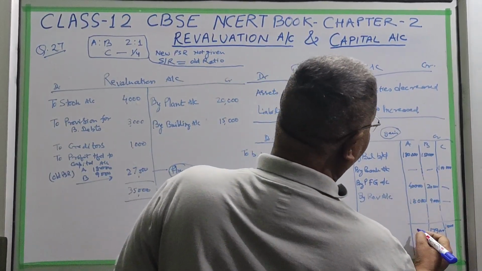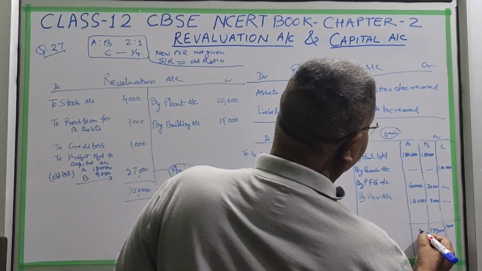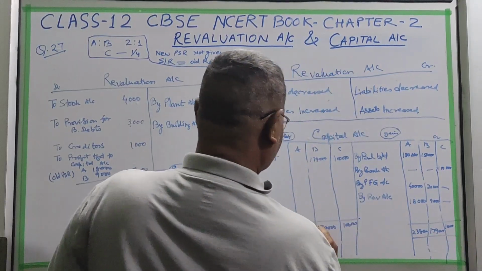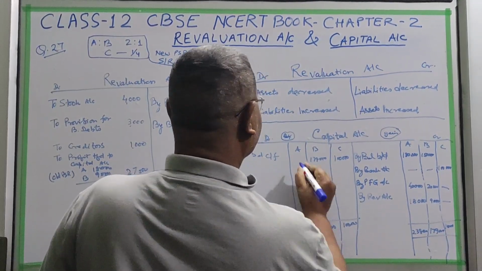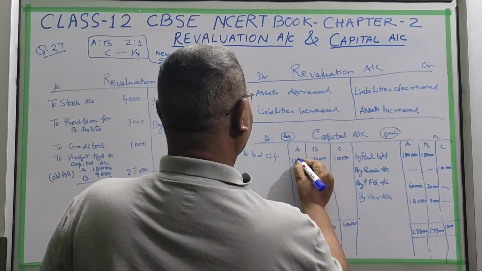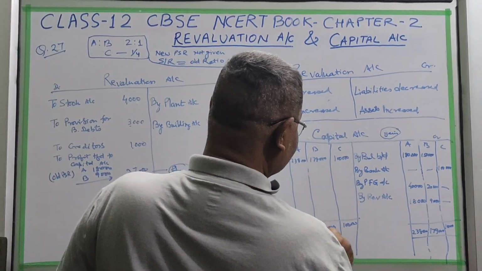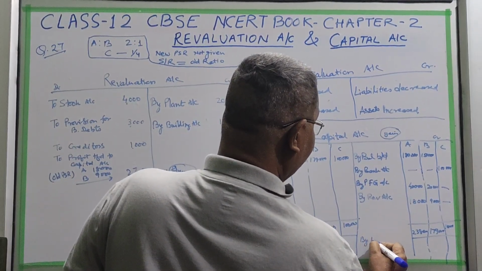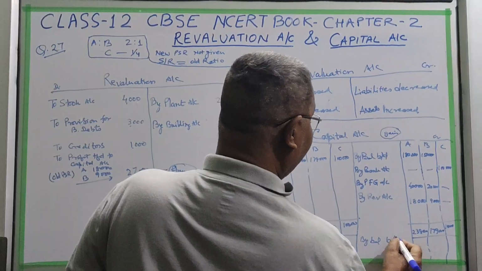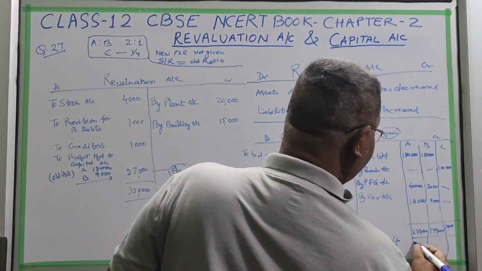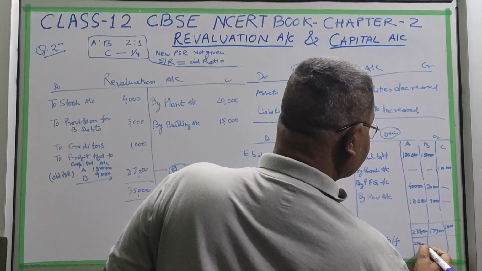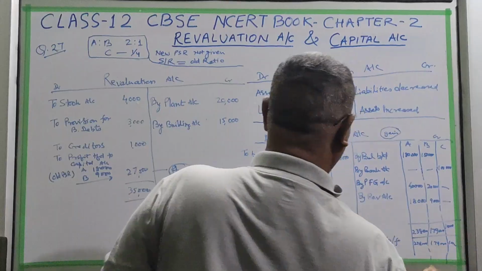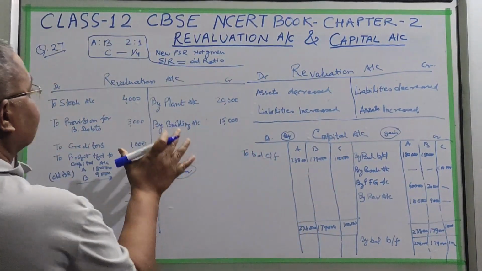And 2,38,000 will come here. So this balance is always shown on this side. So here you can write by balance brought forward, and this figure you can write here: 2,38,000, 1,79,000 and 1 lakh. Okay, this is the capital account and this is the revaluation account.